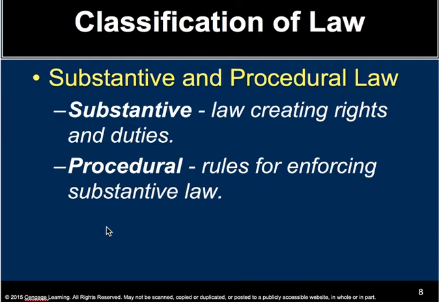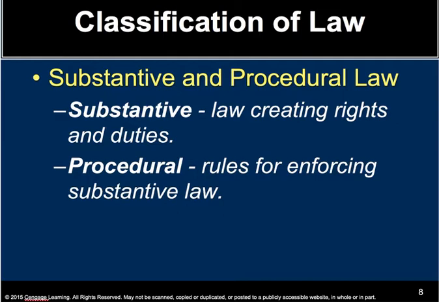Procedural law, as the name implies, is the process or procedure that you have to follow in order to enforce substantive law. So, for example, let's assume that you and I enter into a contract and I hire you to paint my house for $1,000.